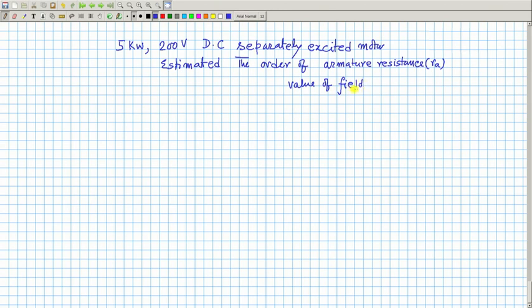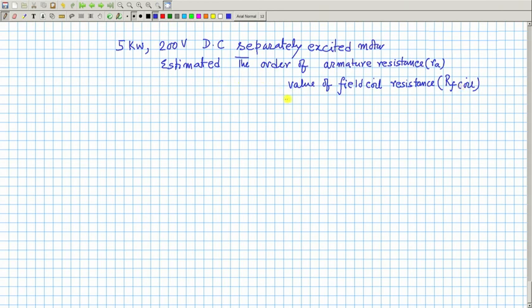Mind you, it does not include external resistance. That is R_F coil. These two things we estimated. These are very useful information.